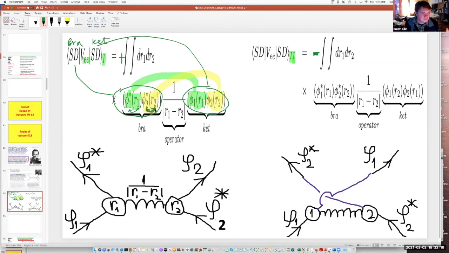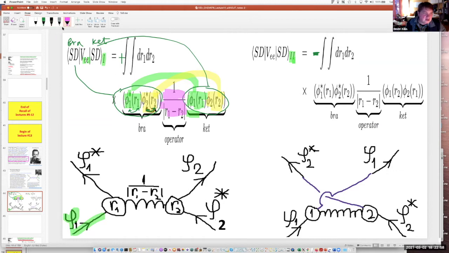Now, here are the rules of Feynman. Well, not all, but part of them. So we can consider this matrix element in the following interpretation. We look at the wave function phi1 before interaction here. Then it experiences interaction, which is symbolized by the Coulomb matrix element, in pink.